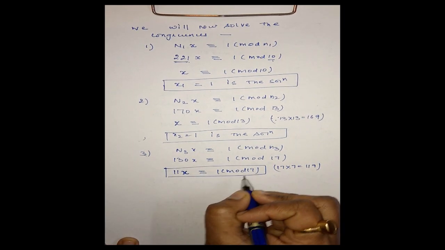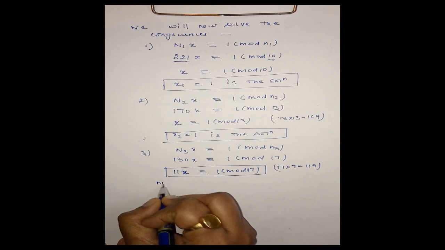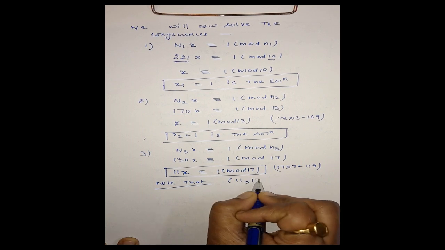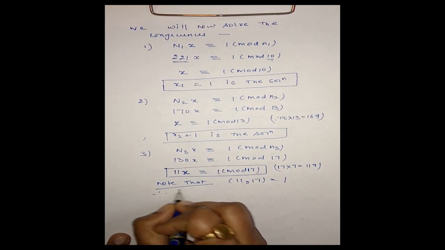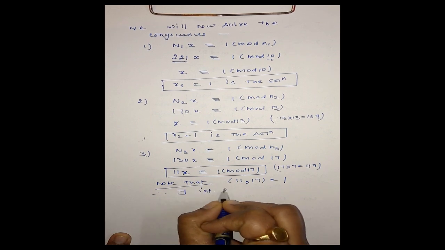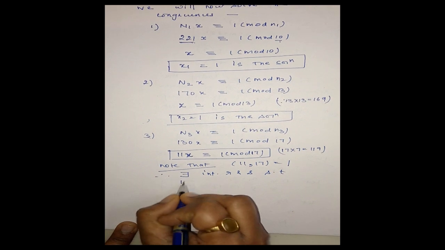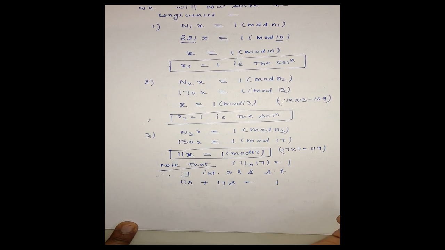For this, note that the GCD of 11 and 17 is 1. Therefore, by Euclid's algorithm, there exist integers r and s such that 11r plus 17s is equal to 1.